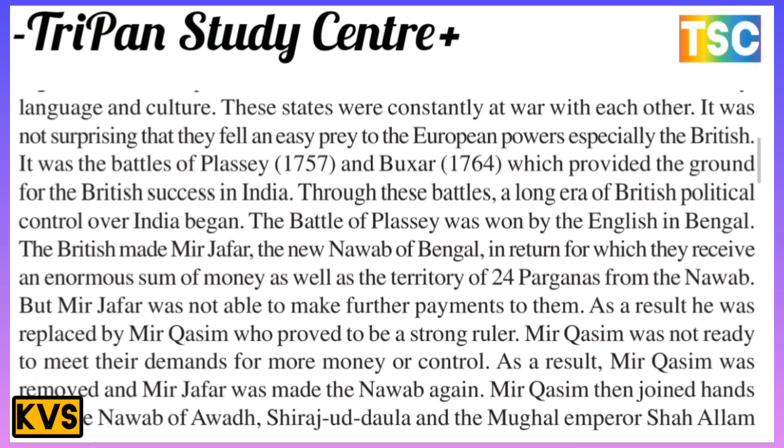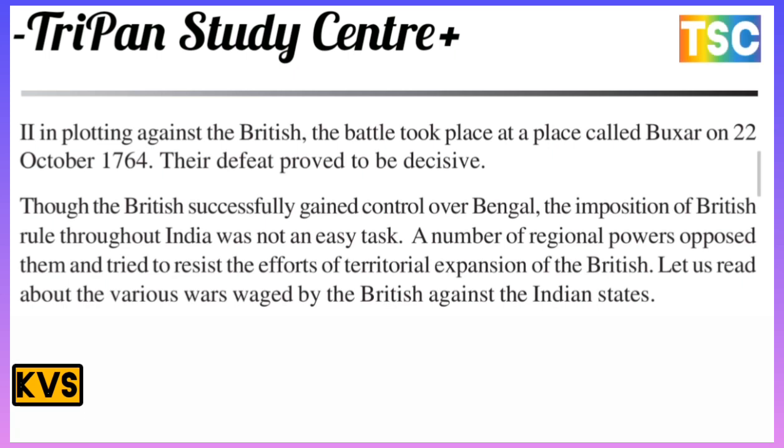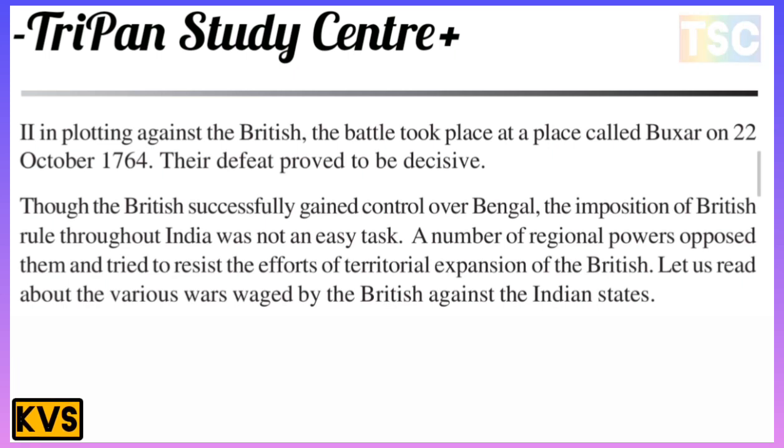Mir Qasim joined hands with the Nawab of Awadh, Shuja-ud-Daula, and the Mughal Emperor Shah Alam, who also plotted against the British. The battle took place at a place called Buxar on 22 October 1764. Their defeat proved to be decisive.